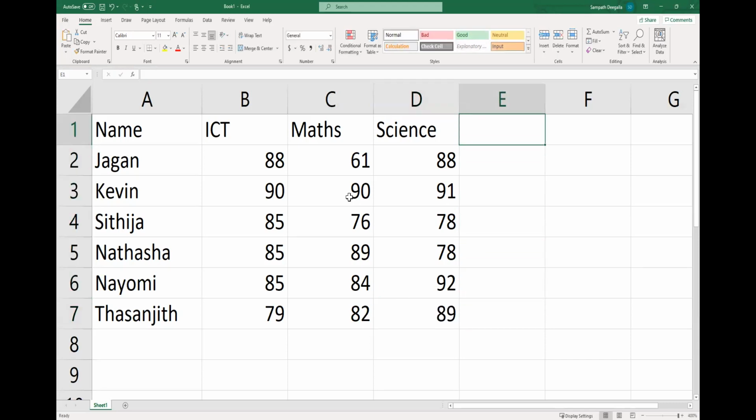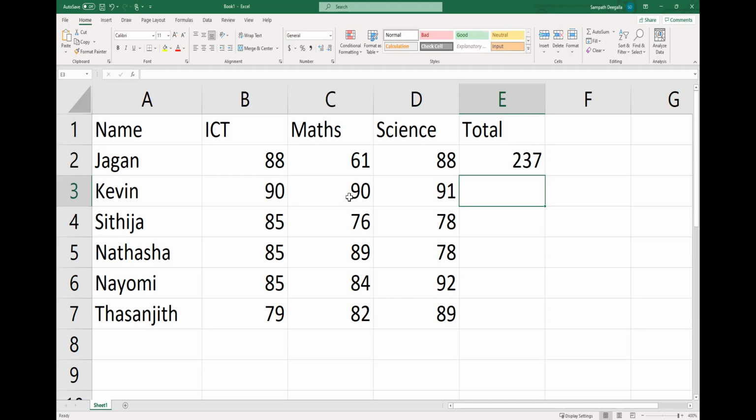Now let me talk about the total marks. If I want to find out the total marks for Jagan, I could type 88 plus 61 plus, and so on. This is possible.